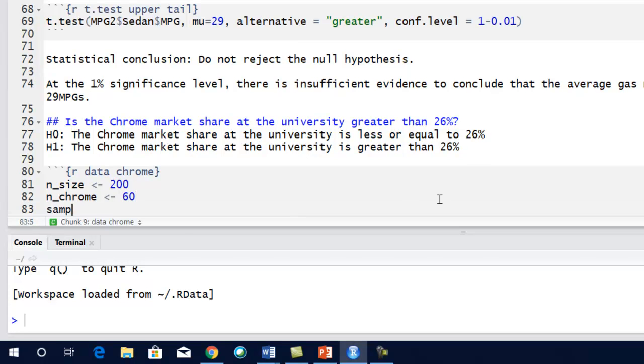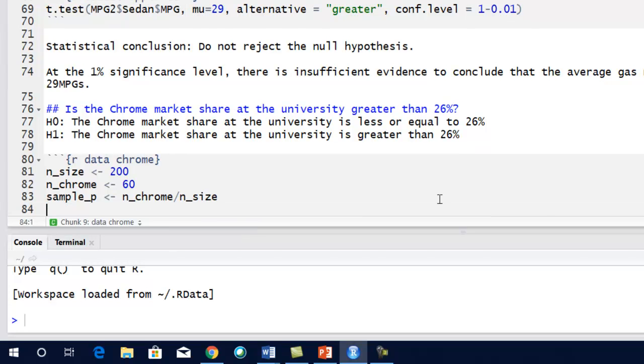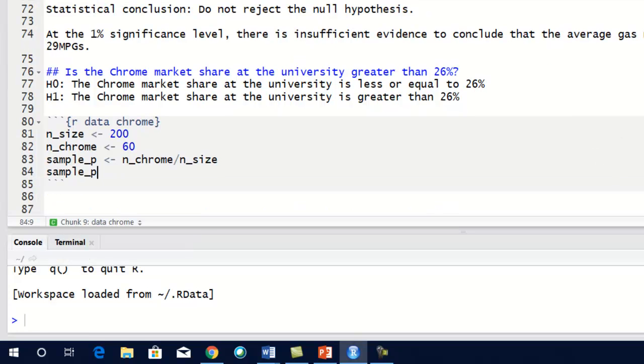I can calculate the sample proportion based on that. For my particular sample, what was the proportion? It's the ratio of those two, so it's going to be the n Chrome divided by the n size. If I want to see what the actual number is, I'm going to run this piece of code and see.